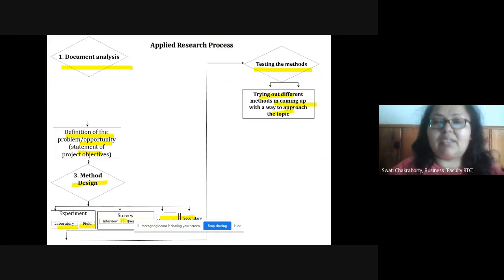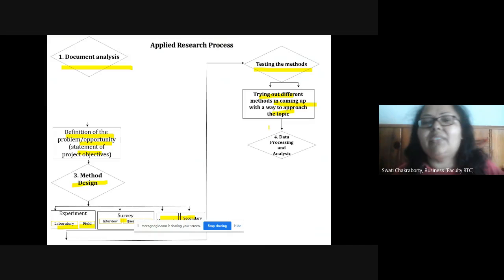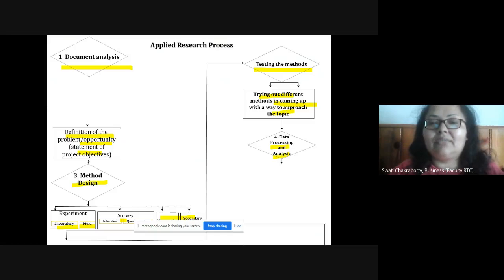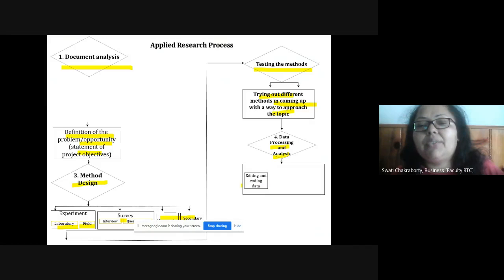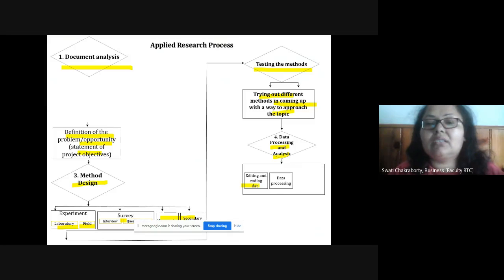It can be a combination, or it can be just one. Then, once you choose a method, you start processing and analyzing the data. How do you do it? It could be through editing and coding of data, through processing, and through interpretation of findings. That's how to do it.